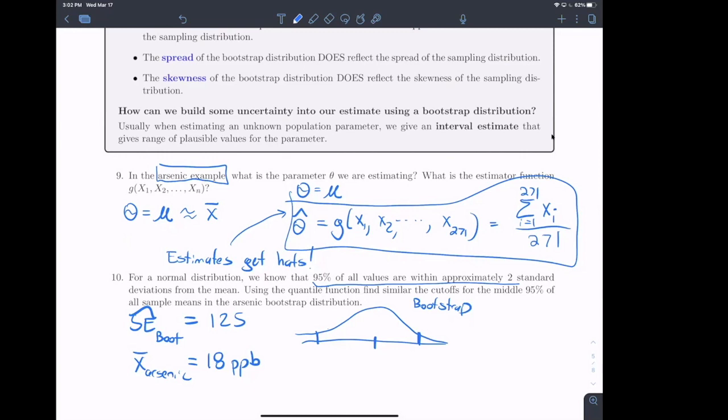So we have a center here, which is somewhere about 18. And what these are giving me, these are estimates for the mean. So these are distributions of different sample means for each bootstrap distribution.